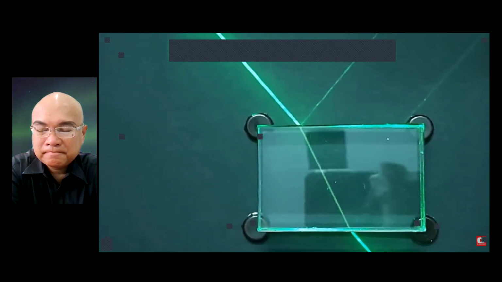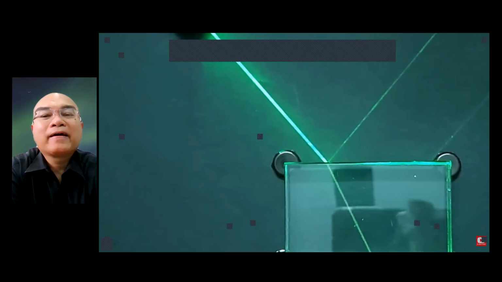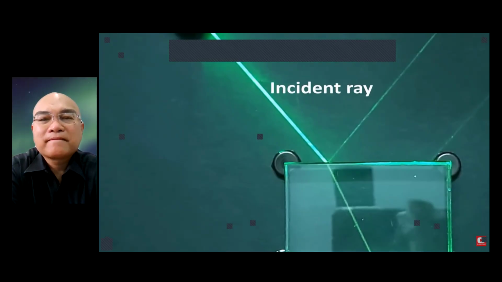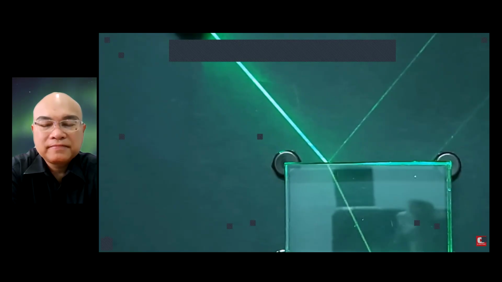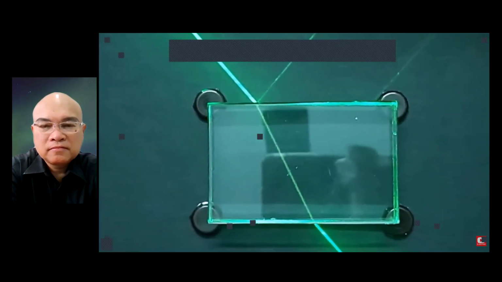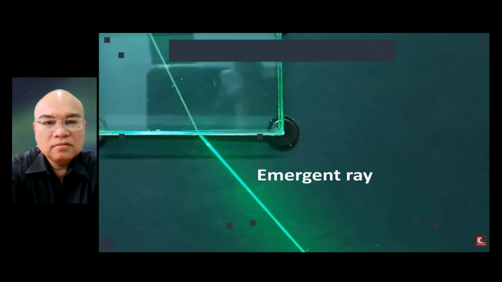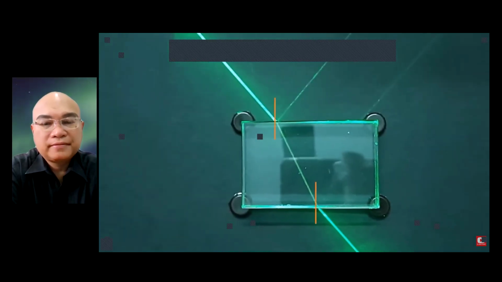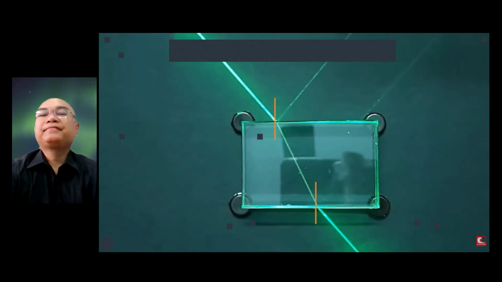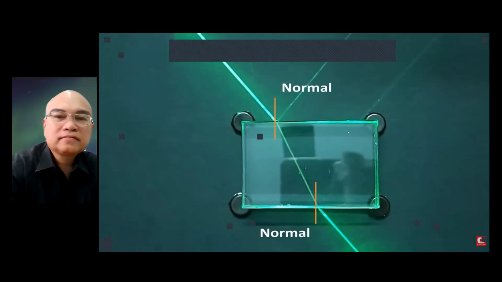The ray which is falling on the glass slab is known as the incident ray. The incident ray on entering the glass slab bends and then it is known as the refracted ray. The ray that comes out of the glass slab is known as the emergent ray. A line perpendicular to the glass slab at the point of incidence is called the normal.